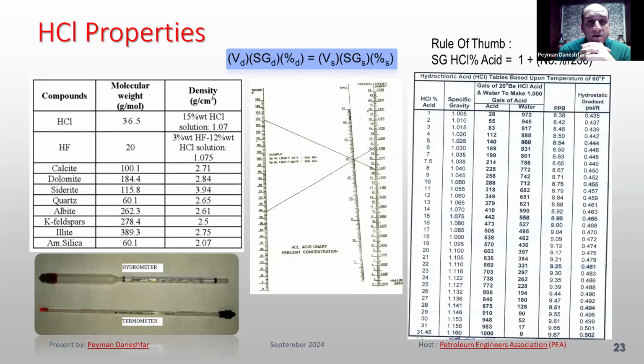If you look at the graph or the table in the middle of this slide, when you correlate the specific gravity with the temperature, you can find the percentage of the acid.